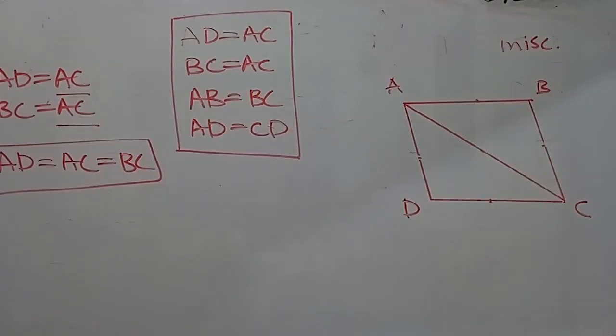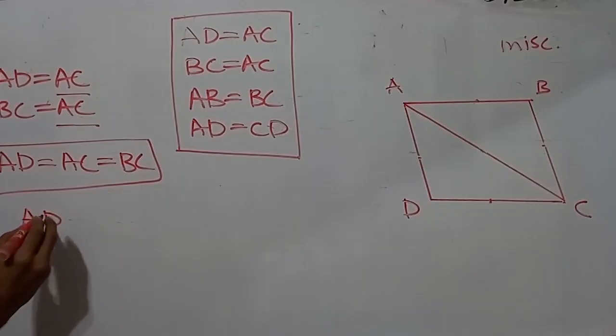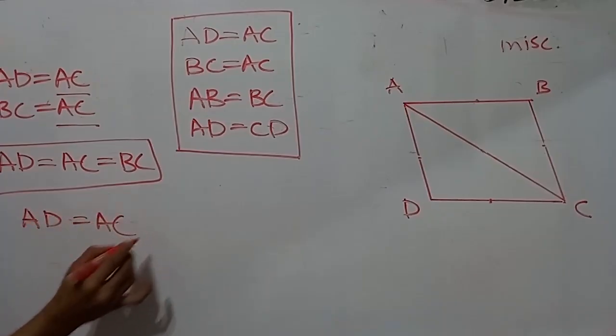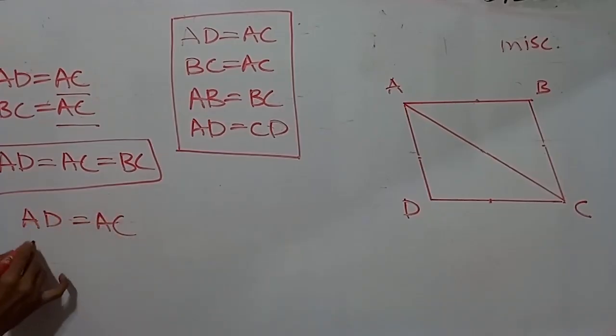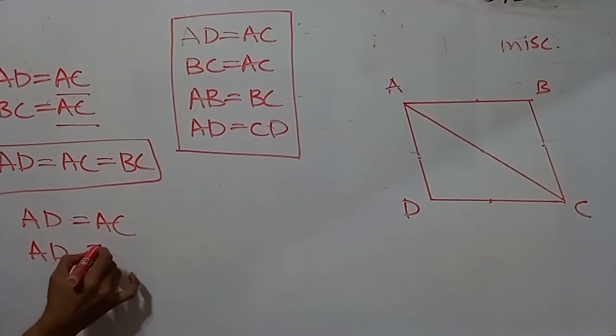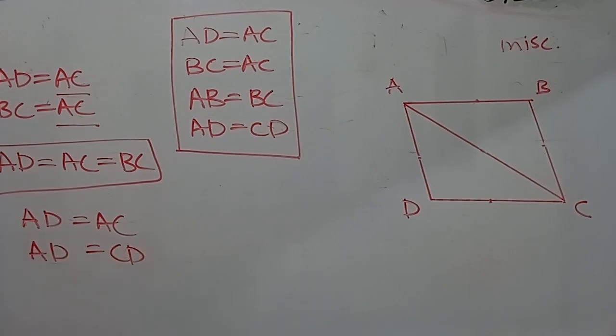Okay, so then we will take AD equal to AC, AD equal to CD. So just as before, using the first axiom, AC is equal to AD is equal to CD. Right, so this is using the first axiom.